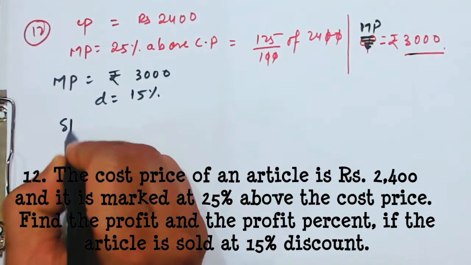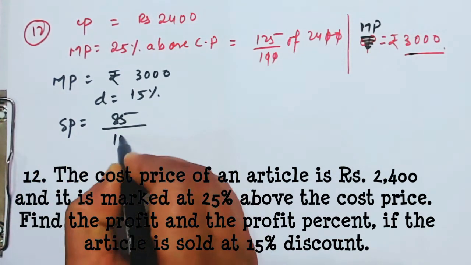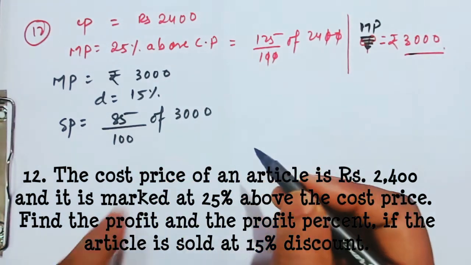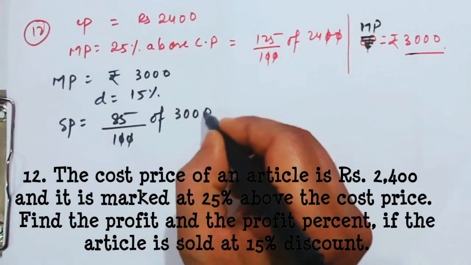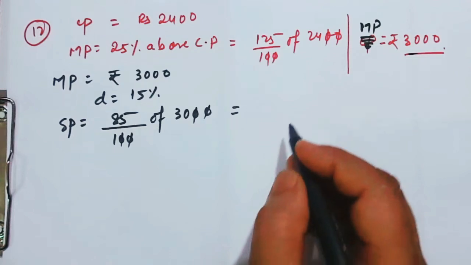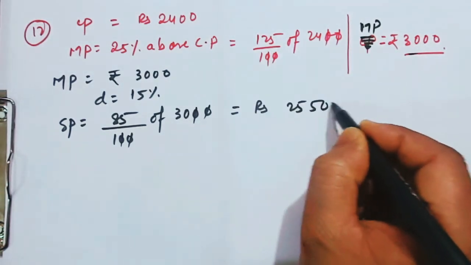So what will be your selling price? Selling price will be 85% of 3000, that is 100 minus discount percent by 100 into mark price, and when you multiply, you will get rupees 2550.